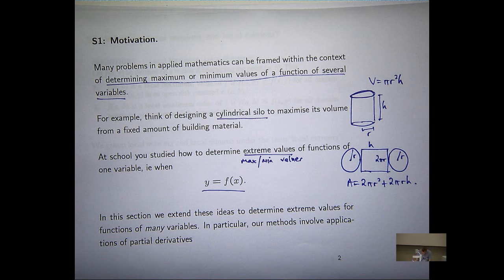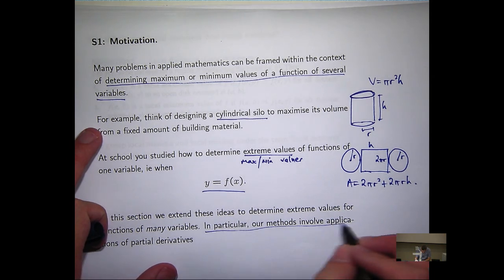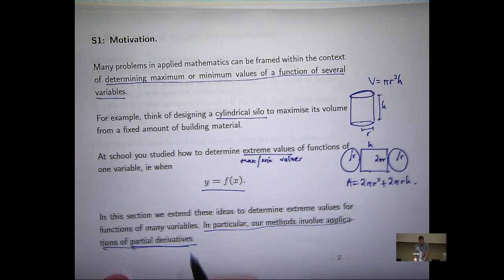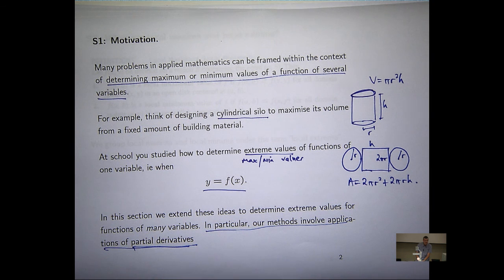Well, it's similar in the case of functions of two variables, but there's a few twists and turns. It's actually more complicated, okay? In particular, we're going to use partial derivatives to help us out, both first and second order.